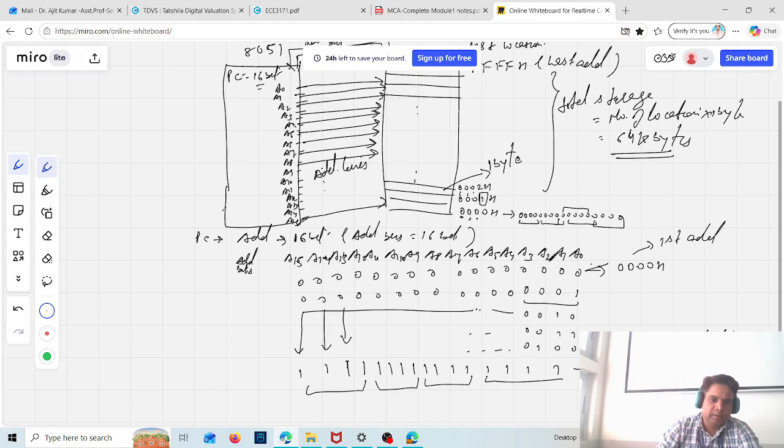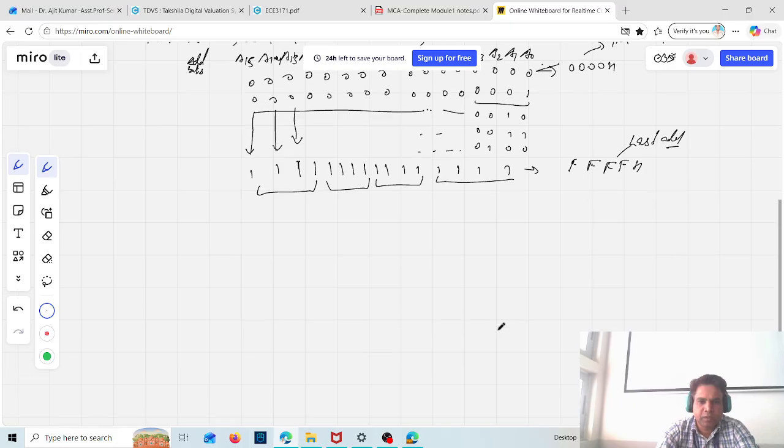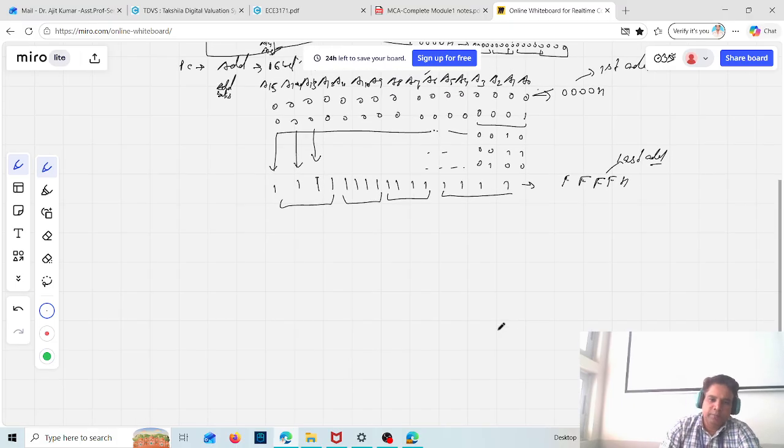Just keep this in mind. This is the total memory chip capacity when I'm using all these address lines. All these address lines are used to connect directly here. But the question is, suppose I am not going to use this full memory chip capacity.